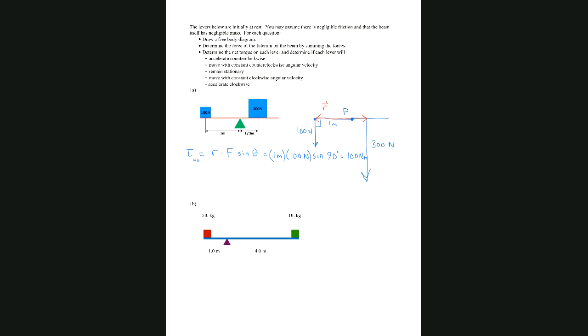Now let's calculate the other torque. It's 3 times the weight, but it's also 1/3 the distance from the pivot point. So let's do a torque calculation for that.